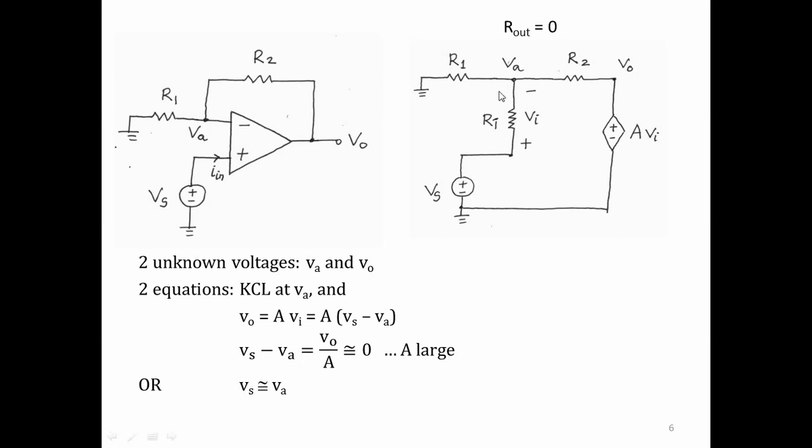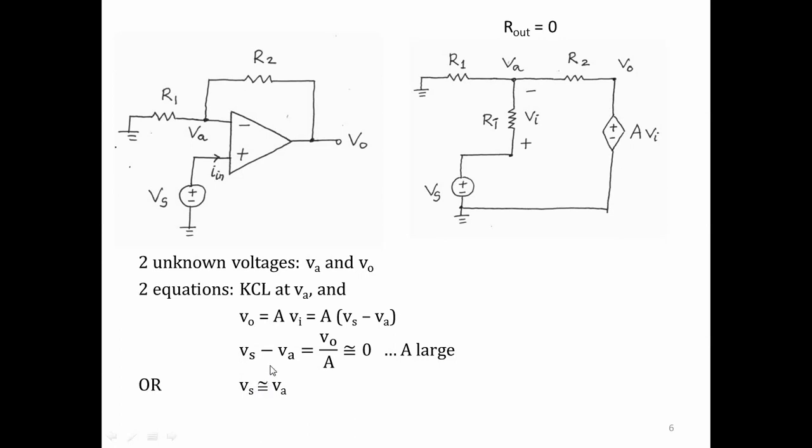We write a KCL at Va, and the other equation we theoretically write is Vo equal to A times Vi. But instead of writing Vo equal to A Vi, we could equivalently write Vs approximately equal to Va, because A is large. So these equations show that this is equivalent to this, and this is critical in analyzing op-amp circuits.